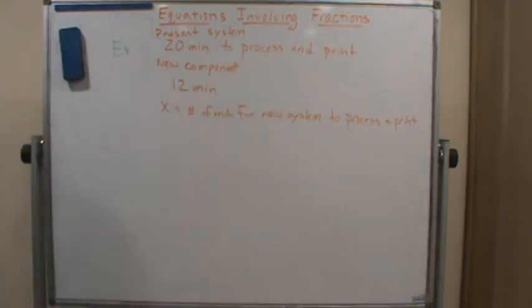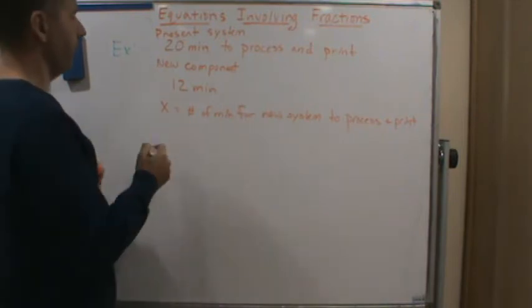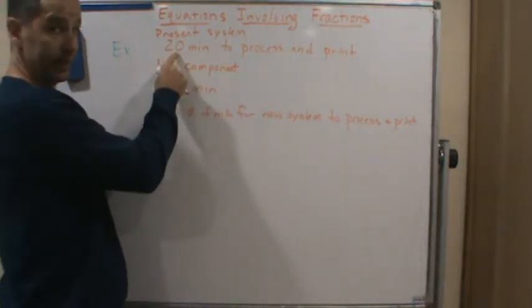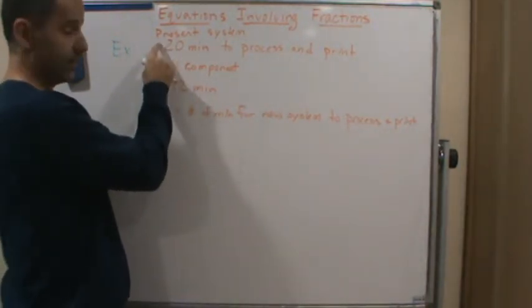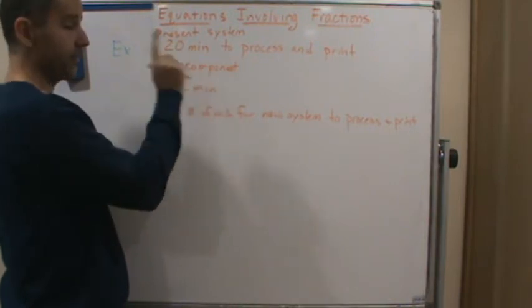So let's think about this. How are we going to combine these? So we've got one print job. This is how long it takes the present system to process the one job.